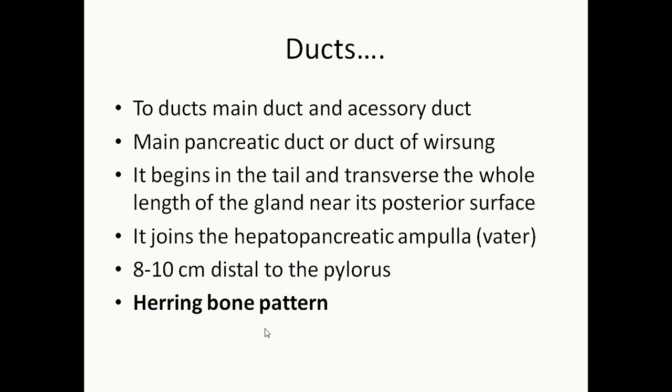Herring is the name of a fish. You would have seen a fish bone, isn't it? There is a center bone, crossed by some horizontal bones. Like that, the major pancreatic duct is arranged in the same fashion. So we call it the herringbone pattern of the pancreatic ducts.